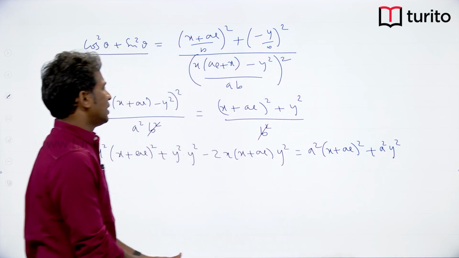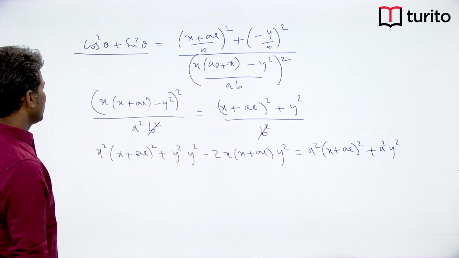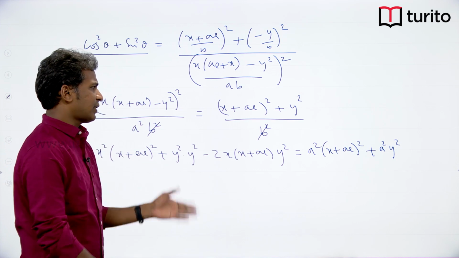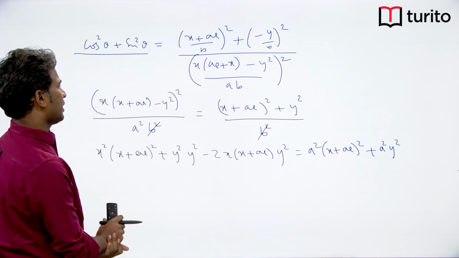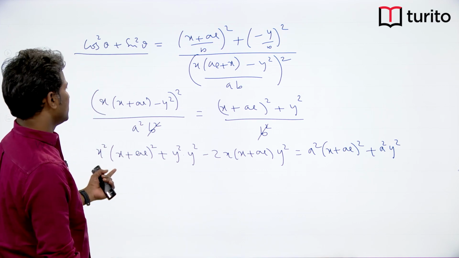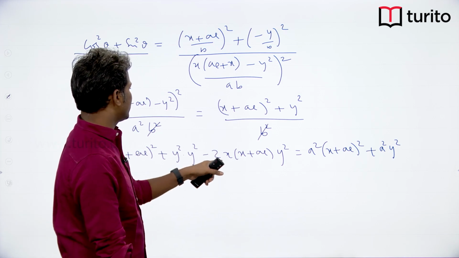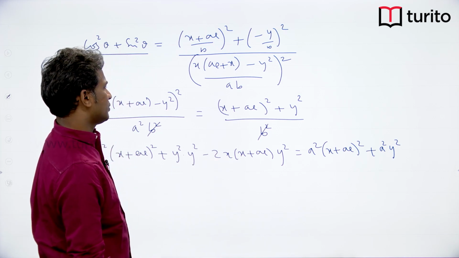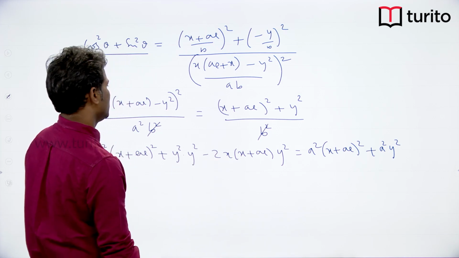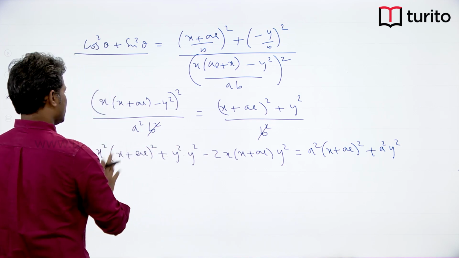Okay. So, now when we simplify this, we will get some perfect factors here. Okay. So, what are the factors that I am getting here? There is A square into y square here. Okay. So, this is going to be little longer. Okay. But just stay.